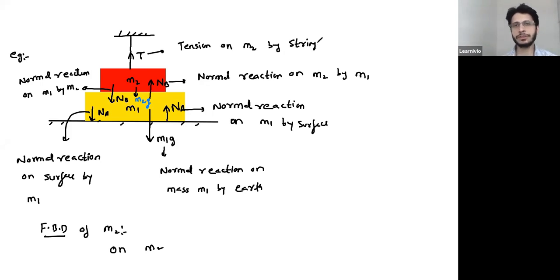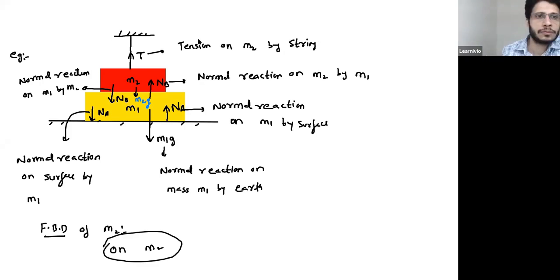So the whole system, I have drawn the whole system. First one, second one, third one. Yes, right, 3 forces. So while drawing FBD, you will consider only these 3 forces.